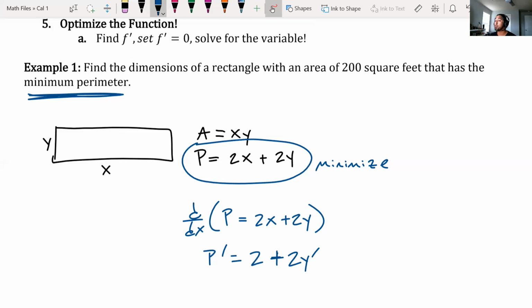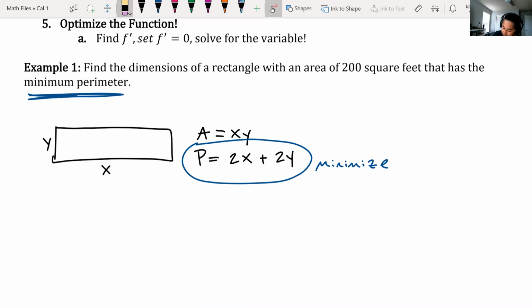And for this type of problem, we do not need a y prime. Y prime would make this a related rates problem, meaning that the rectangle is changing at some rate with respect to time. And for this problem, this rectangle is not changing. It is not moving at a certain rate. So what we have to do is make a substitution for that variable of y. Okay, so we don't do this.